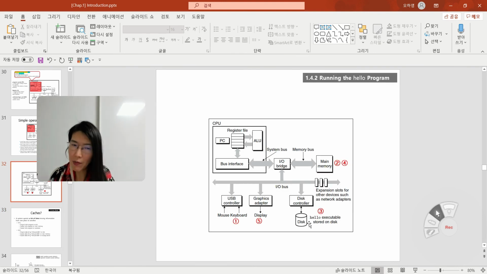So please memorize each definition of main memory and the simple operation of the CPU, and each component of the CPU such as the PC, register file, and ALU. And please write down your own understanding and the main information of each slide freely in your notes, and paste the files into your own portfolio file.